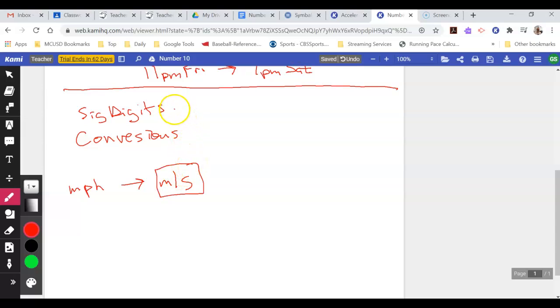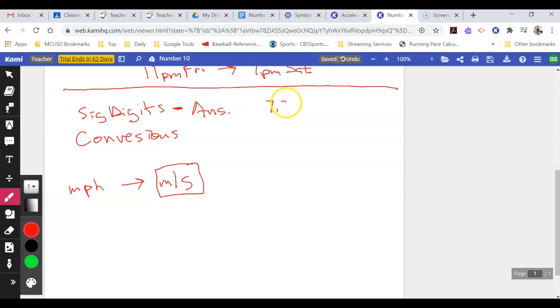Also, if I specify in a problem or two to put the answer in the correct number of digits, you've got to look at the numbers that were given in the problem and then put your answer in those same number of significant digits.